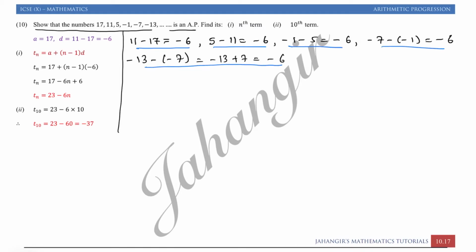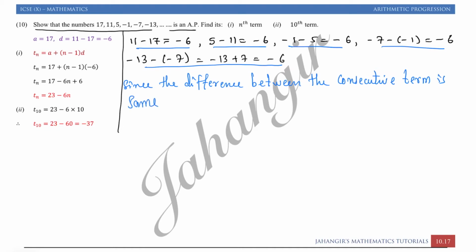So we will write, since the difference between the consecutive terms is same, therefore 17, 11, 5, minus 1, minus 7, minus 13, and so on, is an AP.